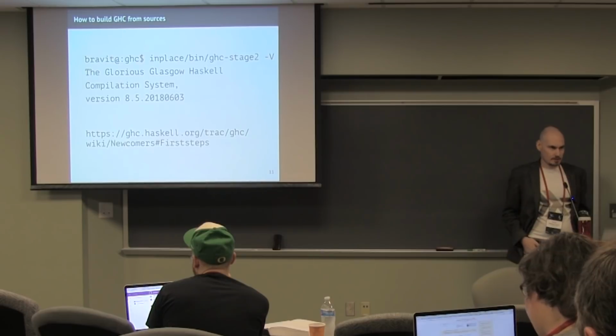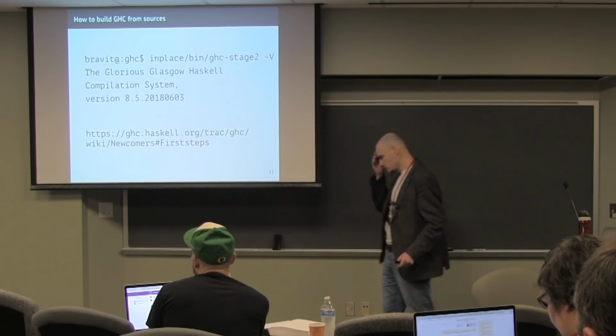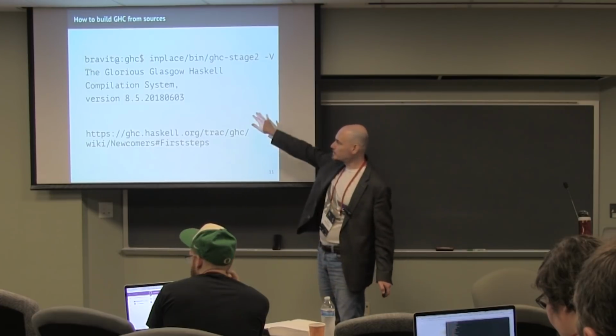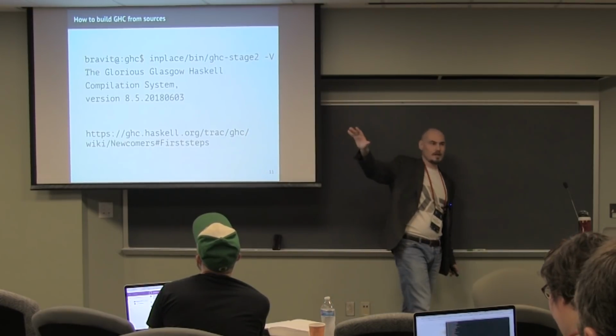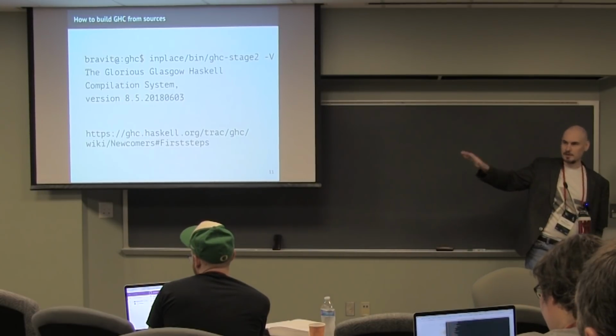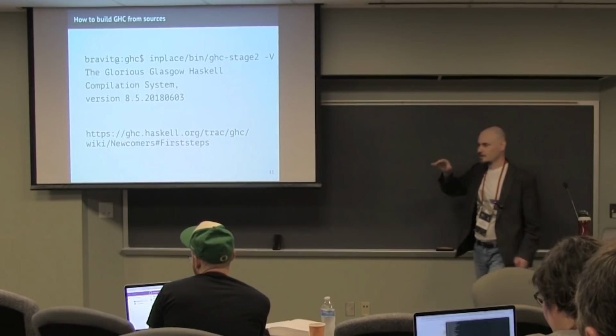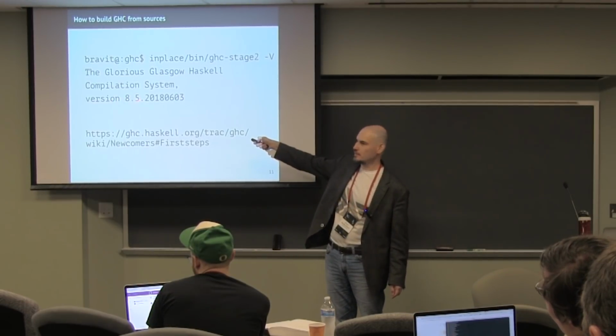Why do we need that? Why do we want to build a compiler? The first reason is to get something like that. No Haskell user is able to work with odd version numbers like here.